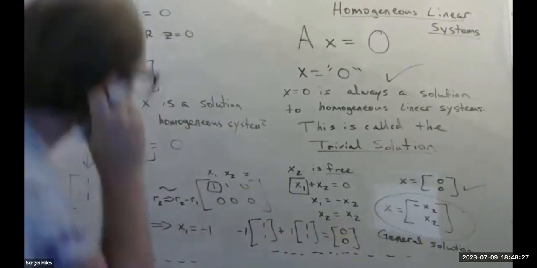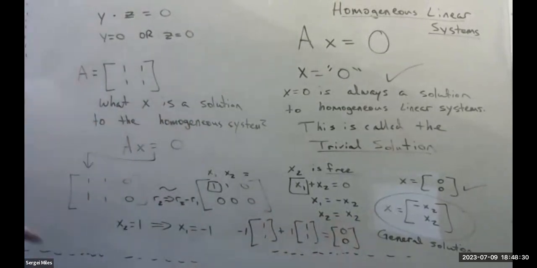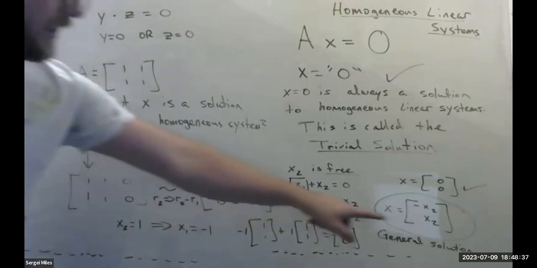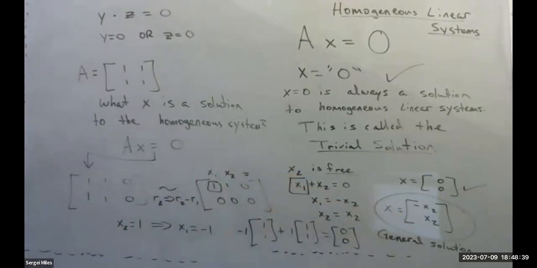So the point I'm getting at is that in matrix multiplication, we can have this weird thing where a non-zero matrix times a non-zero vector can result in 0. This does not happen with real numbers, but it does happen when we're working with matrix equations. So this is a weird thing we want to get used to. In particular, we would also say this system has infinitely many solutions. Why?